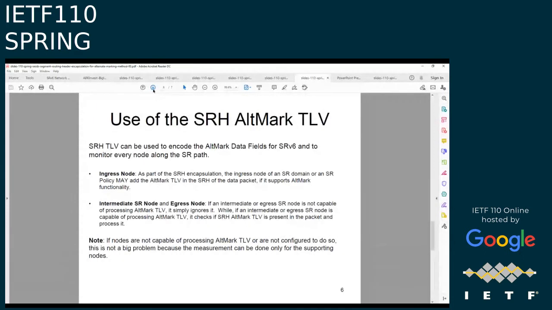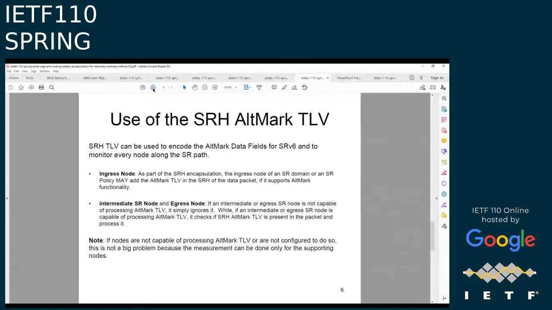Yeah, some words about how to use this TLV. As I said, the ingress node, if it is capable of supporting the alternate marking TLV, can set both the flow monitor identification and the loss flag and delay flag according to the alternate marking operation. The intermediate SR nodes and the egress node, if they are capable of processing this TLV, can simply read the bits and apply the alternate marking operations.